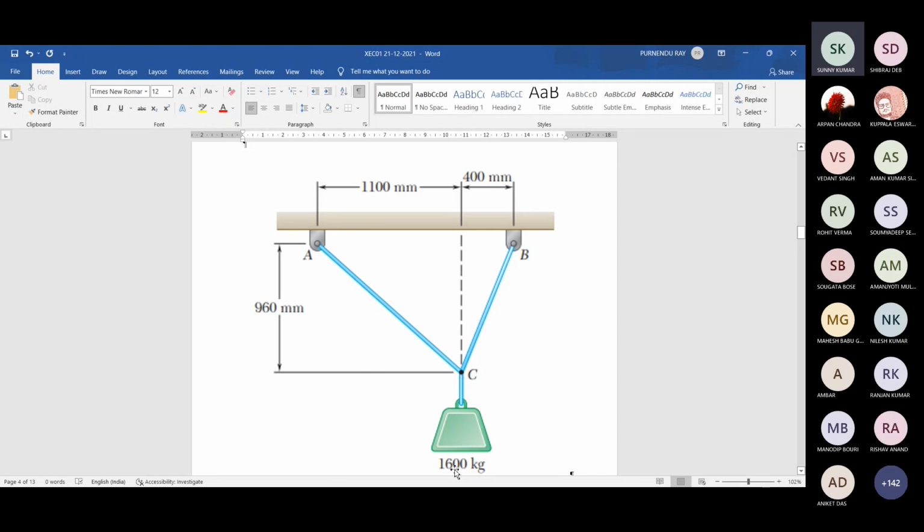One action force, other two are the reaction forces, which are in the form of some pulling force along this direction for this rope CB, and for that pulling force at the point C, suppose two persons are holding this block, one is pulling in this direction, other is pulling in this direction. So their resultant force is acting vertical upward, which is matching with the weight corresponding to 1600 kg. Clear? Yes, sir.